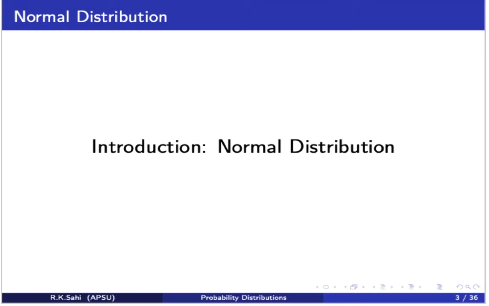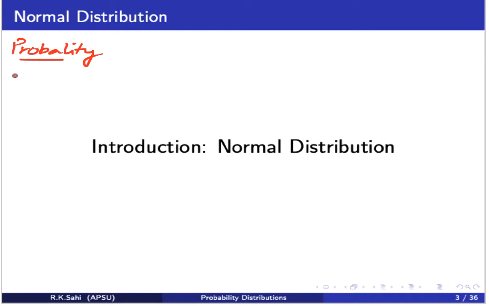Now, before we go deeper into a normal distribution, let's do a little recap of things we have learned. Just remember that when we started with probability in our earlier video sessions, we talked about the quantification of uncertainty.